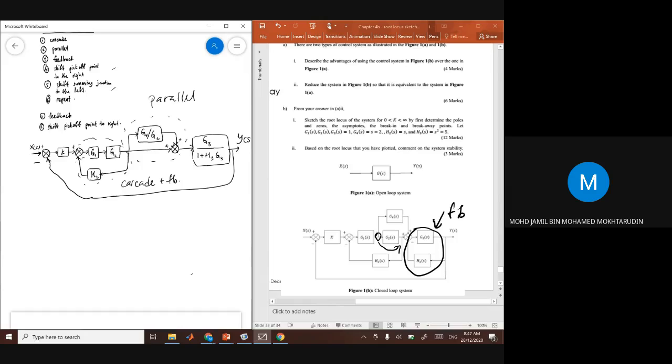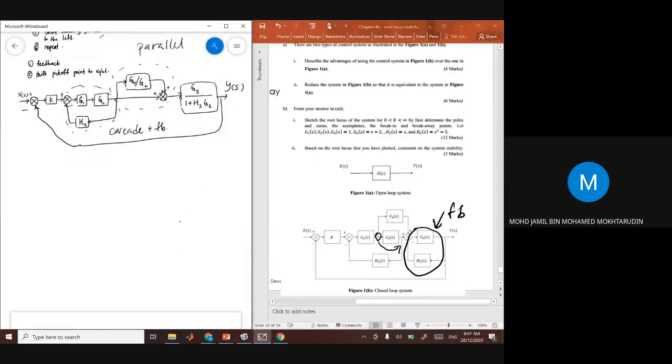Okay, so let's simplify these two first. So step number 3, parallel, and number 4, cascade plus feedback.